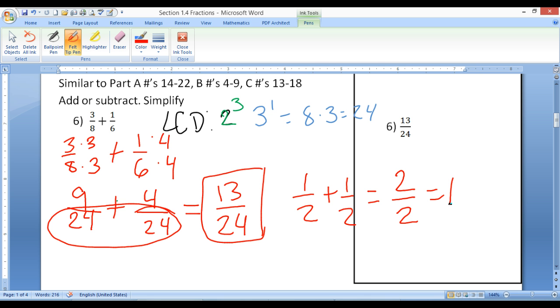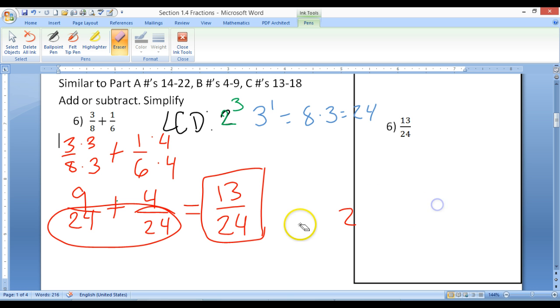So if you're having a hard time remembering if you add the numerators and what to do to the denominators, always go back to something simple like 1/2 plus 1/2. Okay, so my answer was 13/24, and it matches.